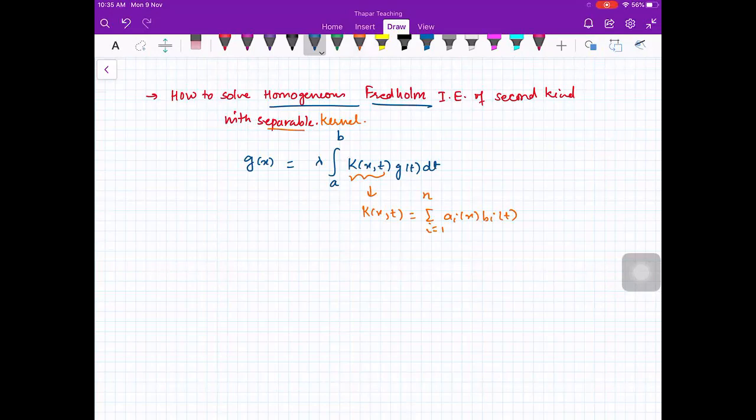Now here we will remove this word homogeneous and see how to solve a non-homogeneous Fredholm equation. We'll just remove this word homogeneous because the method we are working with will also work for homogeneous. So in today's lecture we'll write it as how to solve Fredholm integral equation of second kind with separable kernel.